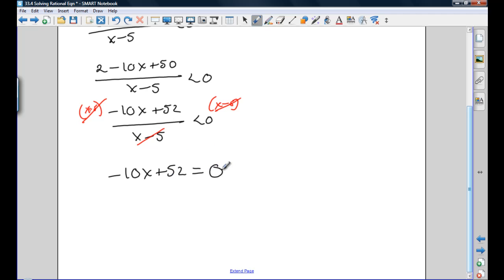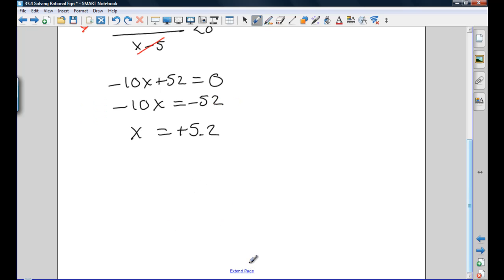I'm going to move the 52 across, and I end up with x is equal to positive 5.2. Now this is where I go back and say, well, it really was a less than sign, so I've got to change that back.